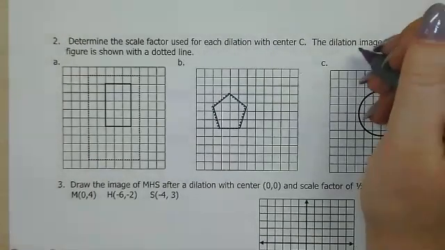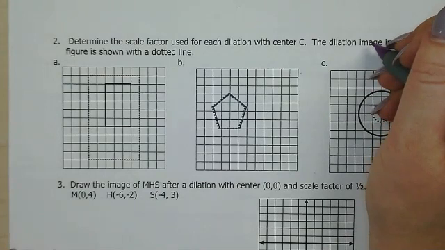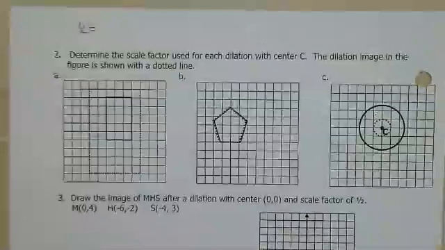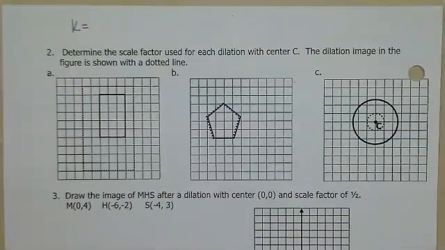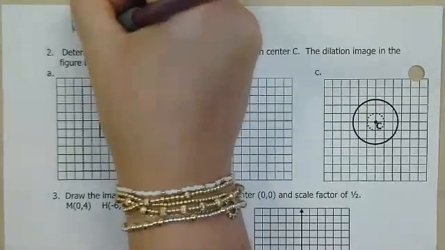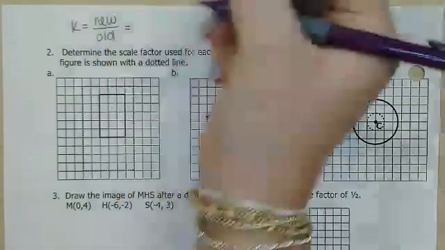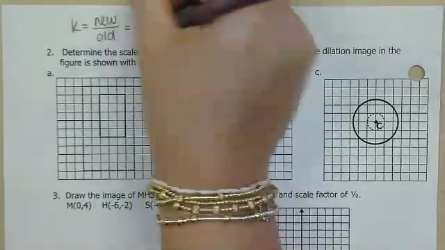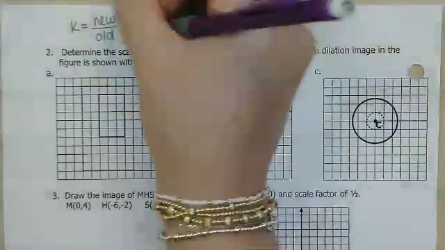Okay, so the dilation image, that would mean that makes that the new, right? So whenever you're trying to come up with your scale factor, you always are going to put new over old. Or remember, we call those image and pre-image.